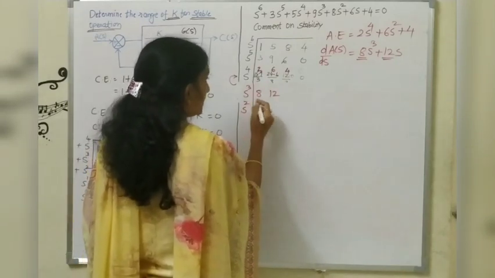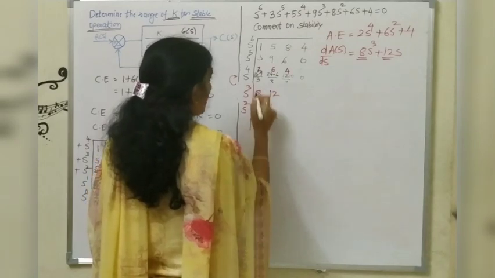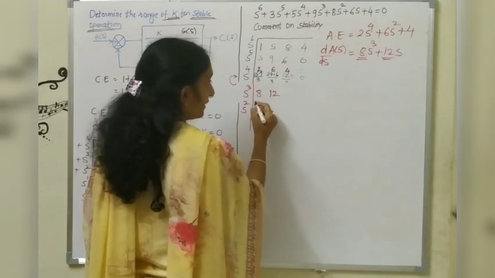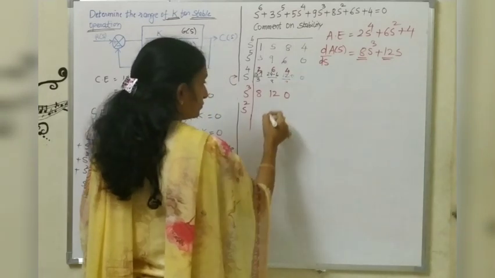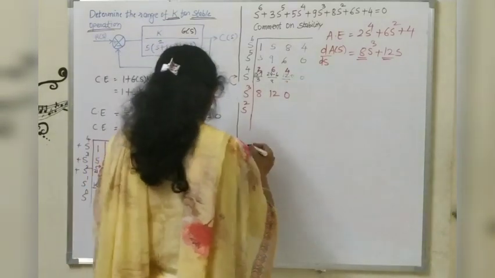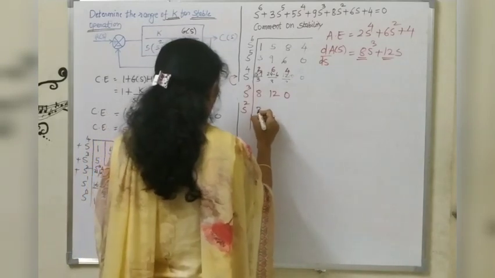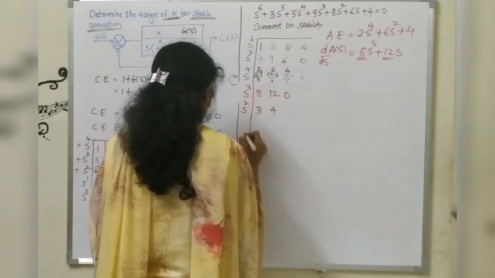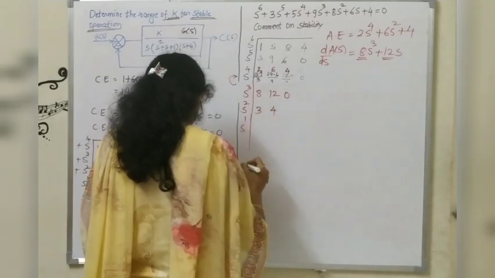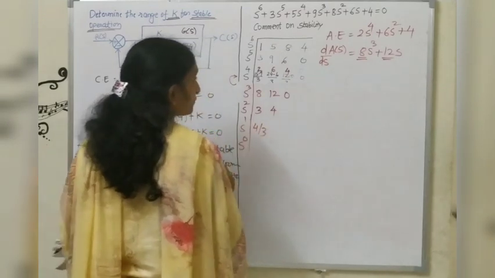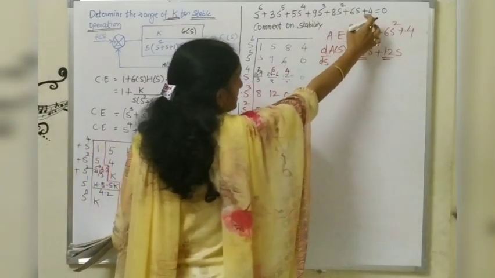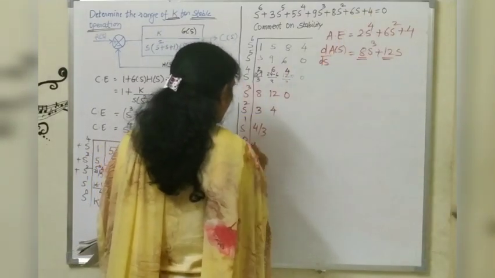So s square, it will be 48 minus 24 divided by 8, and this will be 32, okay, minus 2 divided by 8. So I am just putting the value here. So this is 3, 4, s raised to power 1, I am getting 4 by 3, and last is s raised to power 0. So look at this, s raised to power 0 term is actually 4.